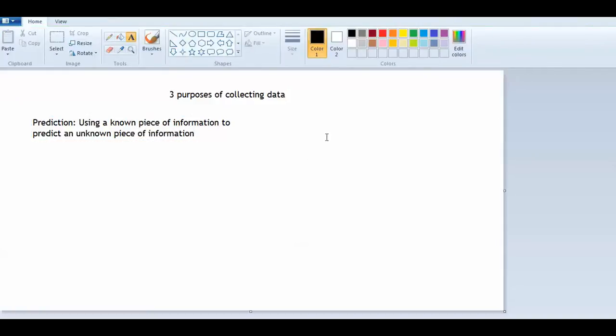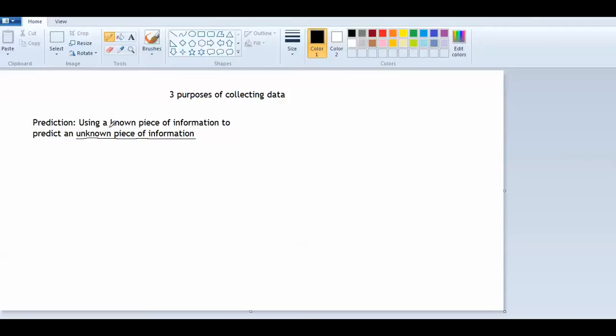A person who owns a business might want to predict next year's sales, but next year's sales is an unknown piece of information because the future hasn't happened yet, and the person right now doesn't know what next year's sales will be. However, if the person has been recording their sales this year, then at the end of this year, they'll know what their total sales were for the year.